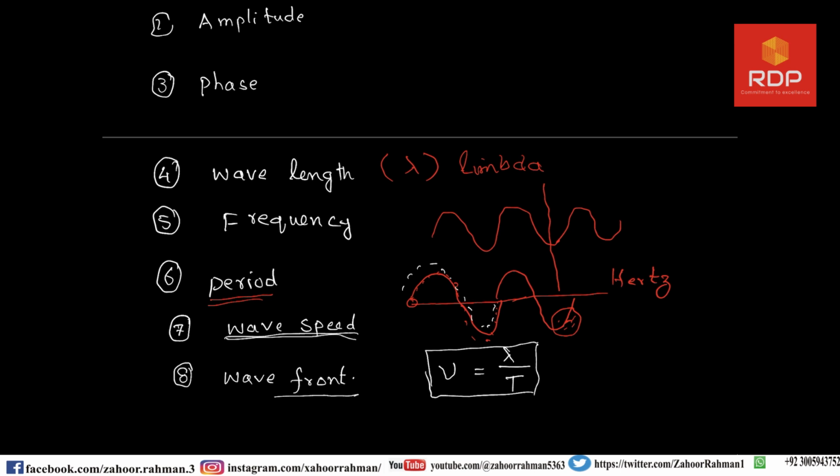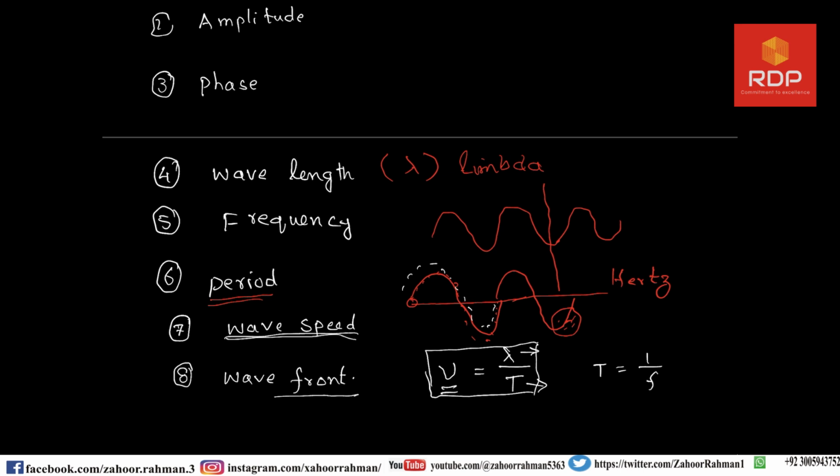So speed is equal to distance per time. So this is the speed, this is the distance, and this is the time. So we can say, very important, that T is equal to 1 over f. Now time period can be defined as the reciprocal of frequency.